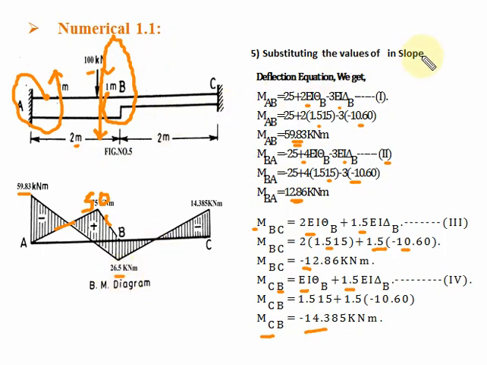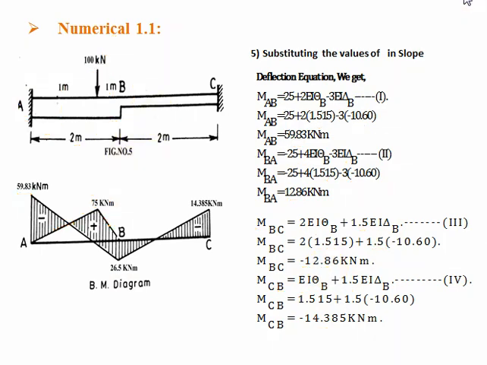Now the next value is minus 12.86. For BC, keep your pen close to B and rotate in the clockwise direction about B. Complete one rotation and come down, so you show the value down.